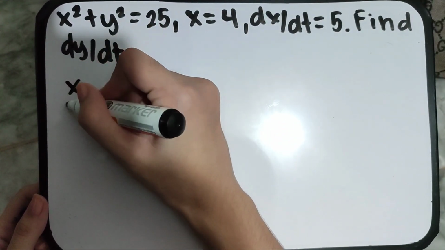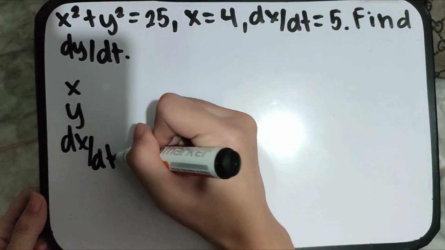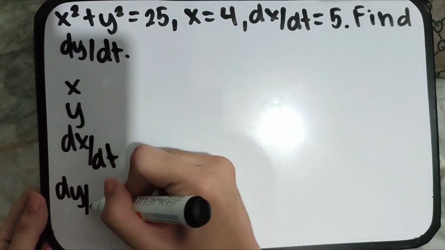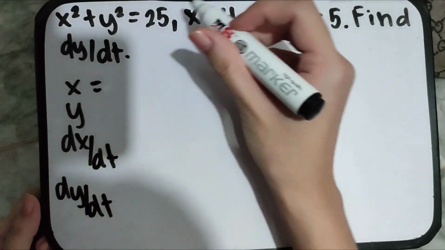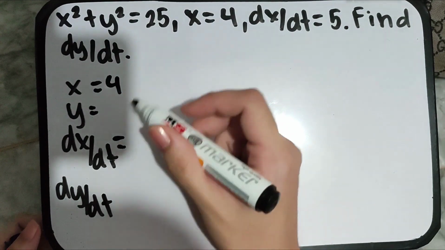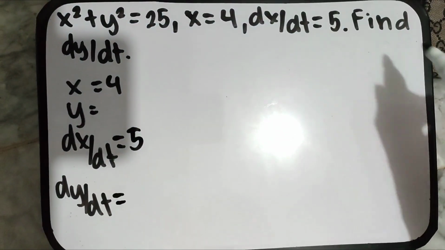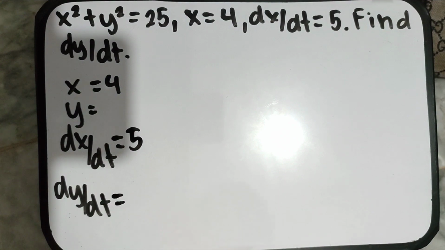Those are x, y, dx over dt, and dy over dt. The value of x is 4, y is unknown, dx over dt is 5, and dy over dt is unknown.